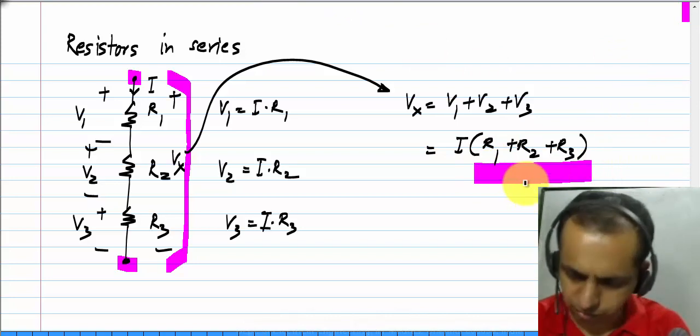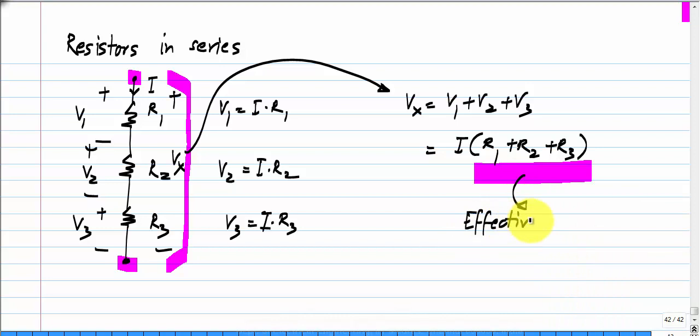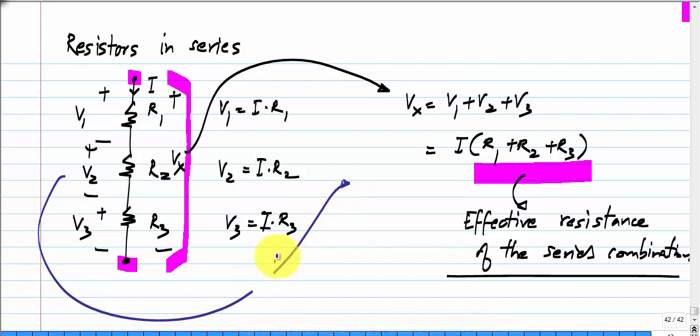So that is the effective resistance of the series combination. Okay. So what does it mean? It means that this entire combination is equivalent to, between the two ends, a single resistor. Okay.